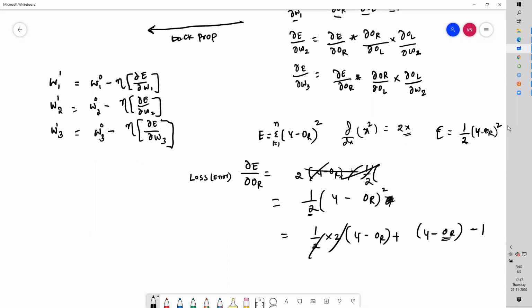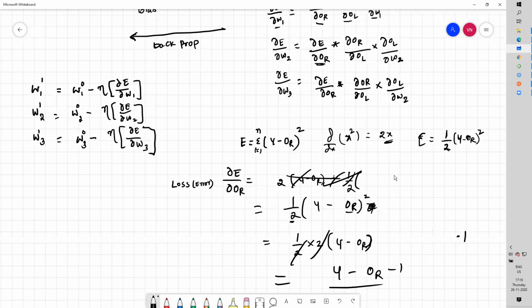After a long time, I am trying to derive something and I forgot all the rules of derivation. That's okay. So this is the derivative for x square, which is 2x. Then we derive the inner part, which is just minus 1. So this is just going to be y minus OR, times minus 1. That's okay. So this is the derivative of this particular part.